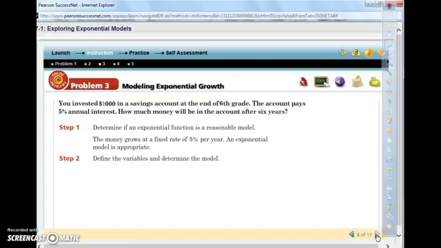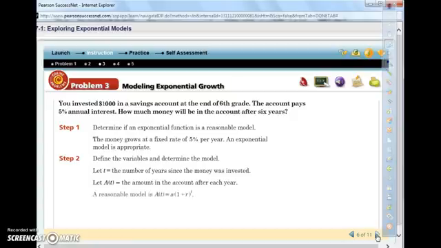Define the variables and determine the model. Let t equal the number of years since the money was invested. The growth factor b in an exponential function can be expressed as 1 plus the percentage increase r. A reasonable model to use is A of t equals a times the quantity 1 plus r raised to the t power.